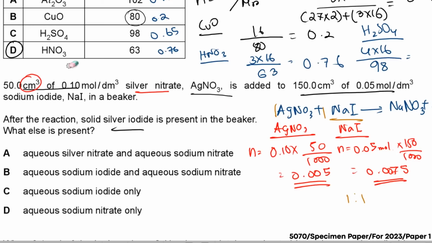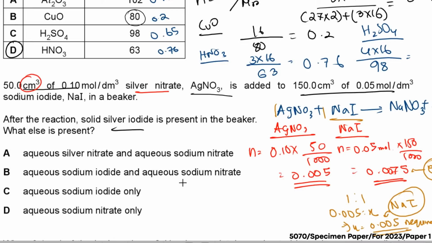So for silver nitrate, we are considering 0.005, so 0.005 required of NaI. This much is required NaI, but we took this much. If you consider 1, 2, 3, this is in excess. This much is required, but we took more than that. That means sodium iodide is in excess.